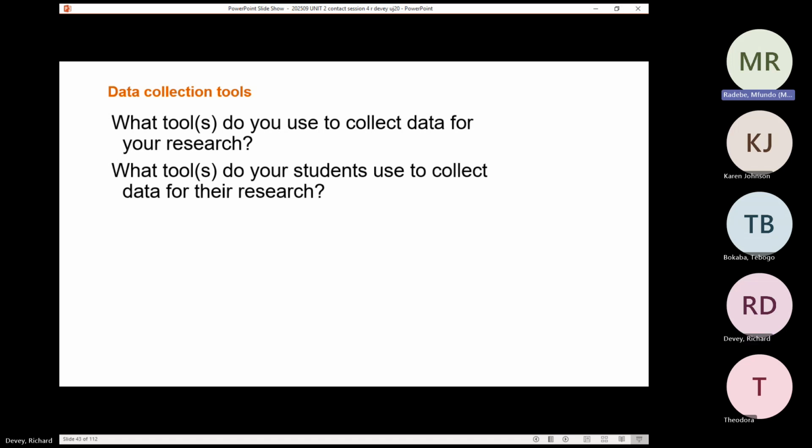The tools that I've used to collect data in my discipline, I'll say the interviews, the semi-structured interviews or focus groups.